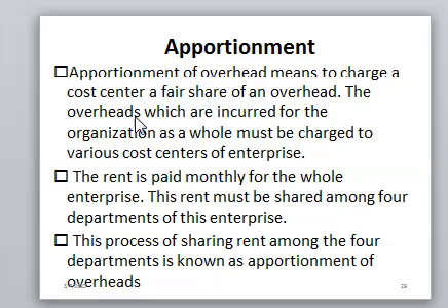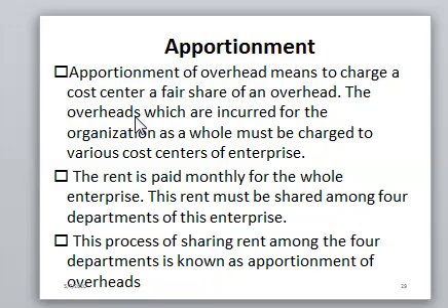So if you remember our discussion when we were starting this chapter, we said that when we are accounting for overheads, mainly we have three major steps. The first step was to collect and classify the overheads. That is collecting the overheads in the cost centers. Then after collecting those overheads in cost centers, you classify them into variable, fixed, and semi-variable.